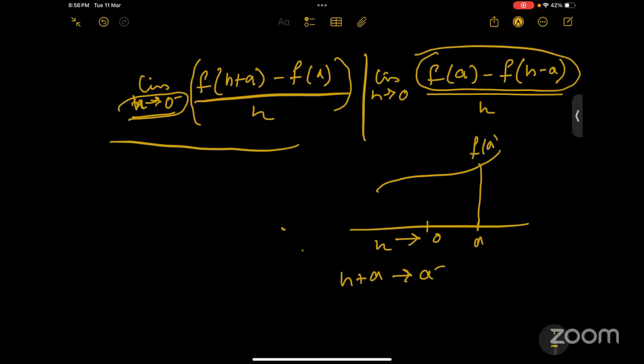And h plus a is tending towards a from this side, so h plus a will be somewhere here, and f of h plus a will be somewhere here. It is approaching from the left hand side, right? And here we automatically assume h is tending to 0 from the positive side. I guess it is plus a, right?